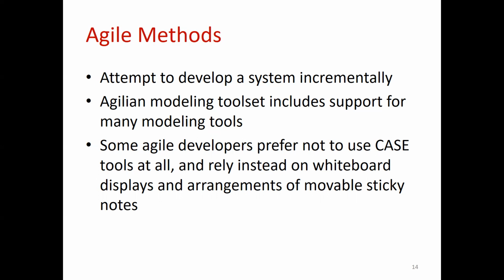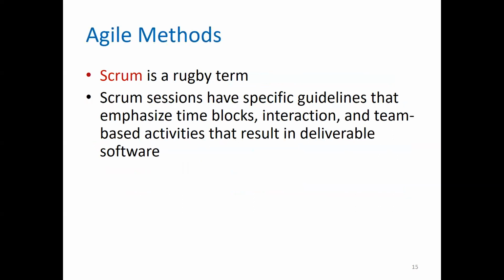So rather than developing the entire system all at once, it divides the system into certain parts or stages and tries to complete one step first. Once that stage is completed, they move on to the next one. This is what it means to develop the system incrementally.